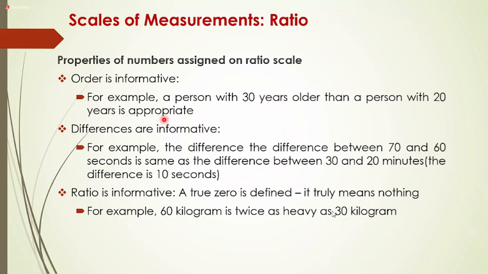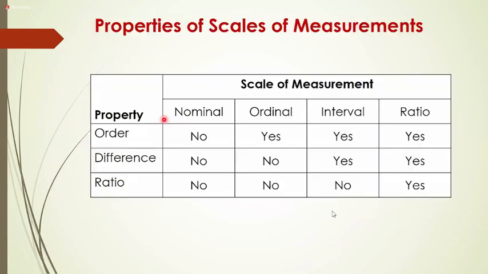Based on these examples, now we are summarizing the scales of measurement and their properties. There are 2-3 properties we have to look at to identify whether the scale of the measurement is nominal, ordinal, interval, or ratio: by looking at the order, the difference, and the ratio. If the scale is nominal, then these 3 properties are not meaningful.